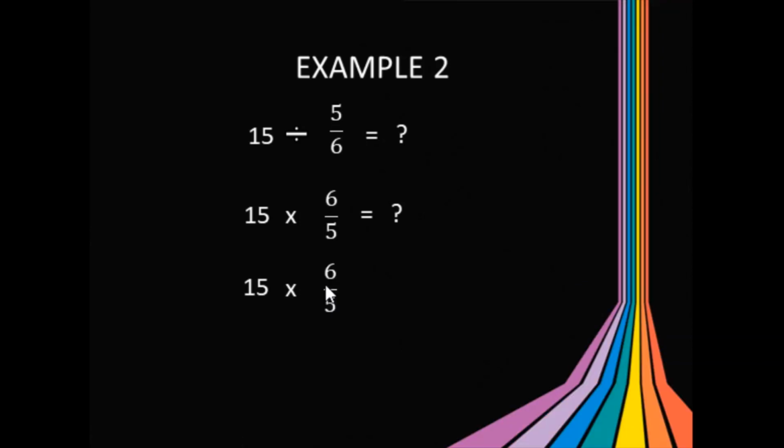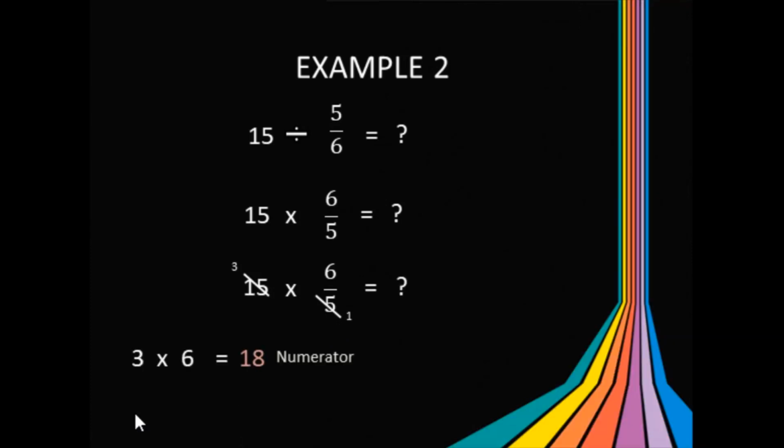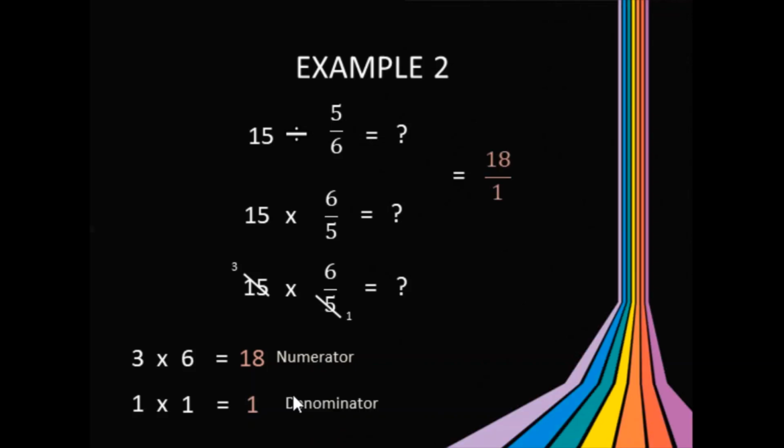We can make 15 and 5 smaller again, so we have to take them away. 15 divided by 5 is 3. 5 divided by 5 is 1. 3 times 6, we get 18. 1 times 1, we get 1. So our answer is 18/1, or 18.